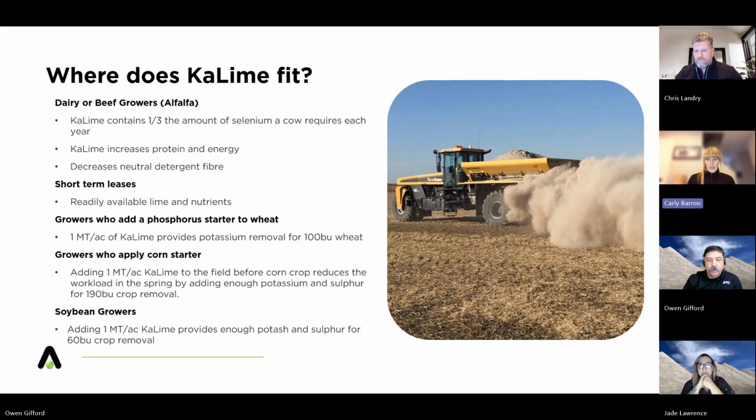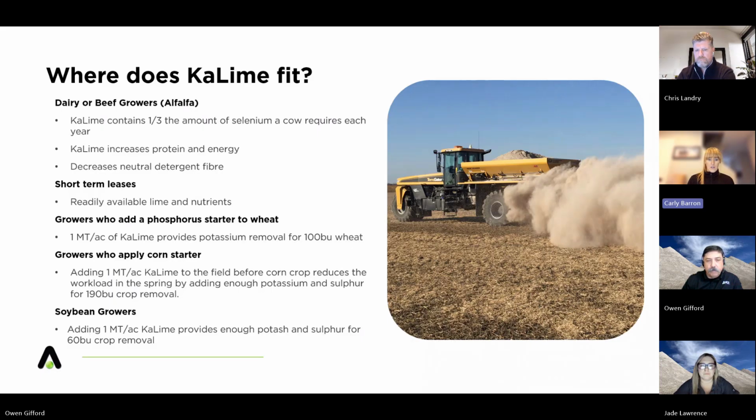Short-term leases are a great place for Kalime because the lime is readily available as well as the nutrients, and you're fertilizing for this year's crop and not the future years' crops. Growers who add a phosphorus starter to wheat, 1 ton of Kalime provides enough potassium and sulfur for 100 bushel removal in wheat.